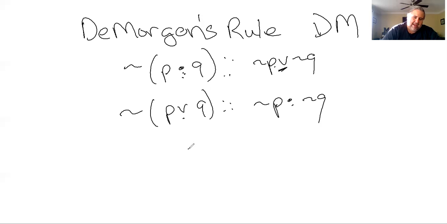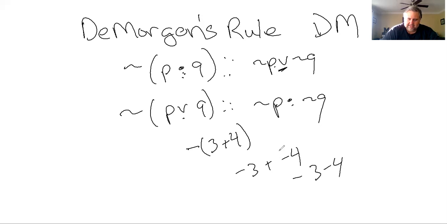So a lot of people know, like in math, if you've got a negation on like 3 plus 4, you can make that -3 plus -4, right? You can actually kind of just bring that negation in.